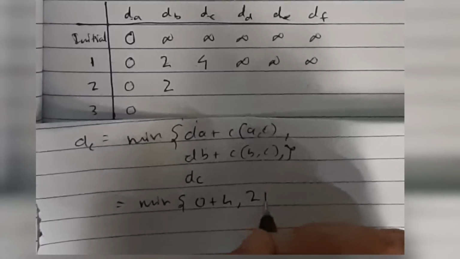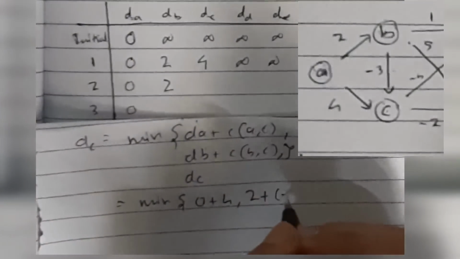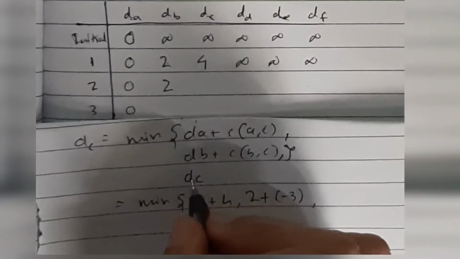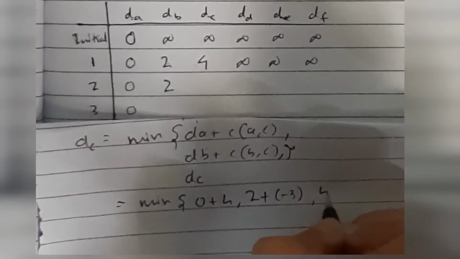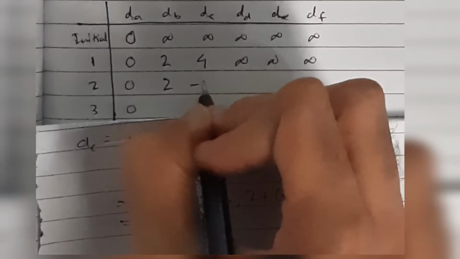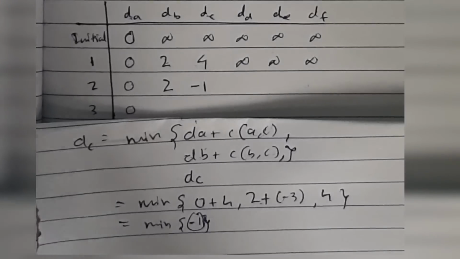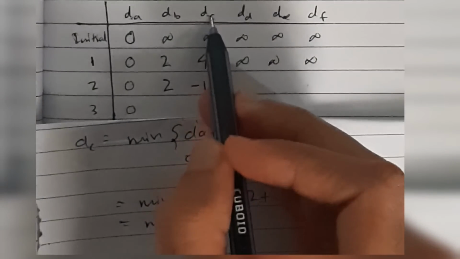It is 2. 2 plus cost of B to C. Cost of B to C is minus 3, so 2 plus minus 3, comma dC. Previous value of dC is 4. Right here 4. Now among these three, which is the minimum? The minimum among these three is minus 1. Okay. So I'll select minus 1 and write here. So this was for the vertex C.